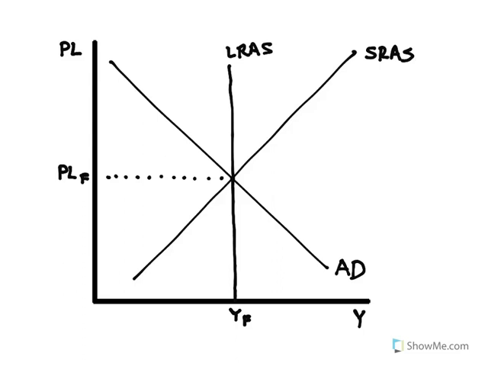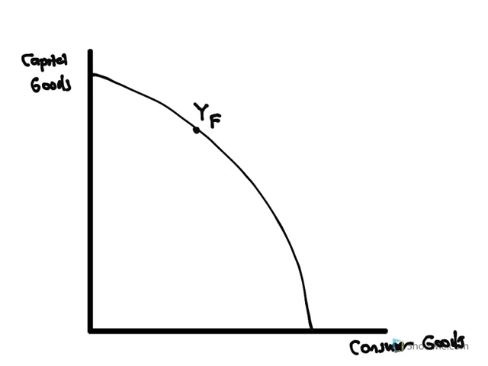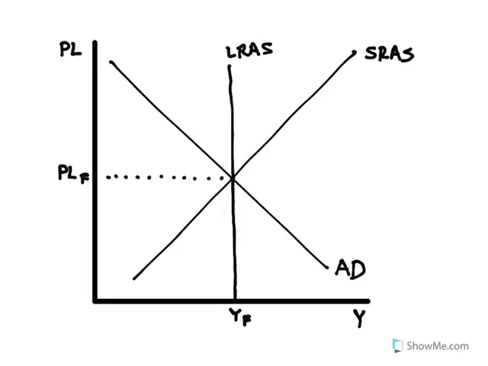So we're saying that they're the same spot, just drawn on two different graphs, right? So they represent the same thing. And so we'll come back to the PPC in a minute to see how it relates to what we're doing on the ADAS graph. So let's go ahead and slide back to the ADAS graph here.